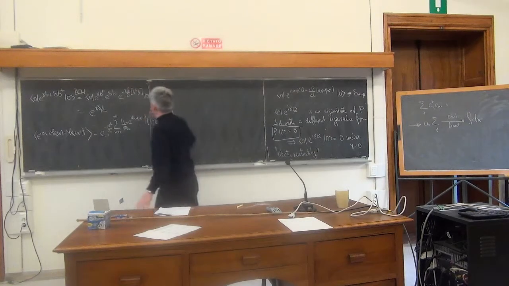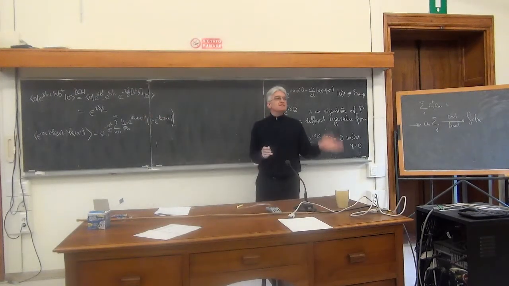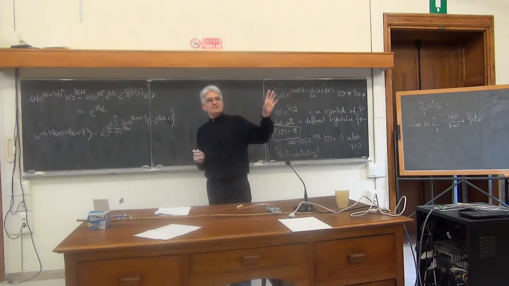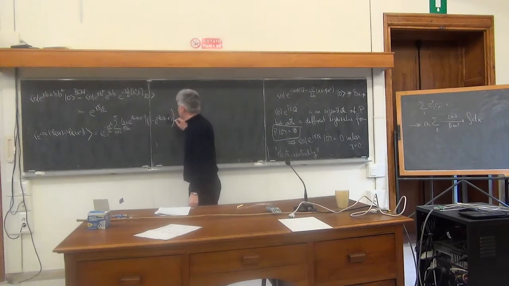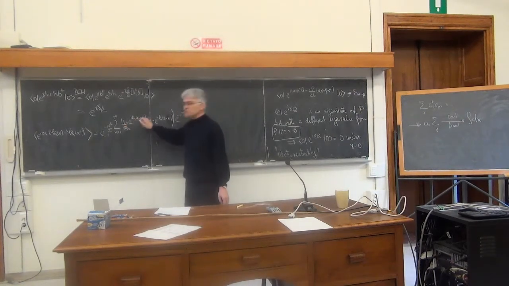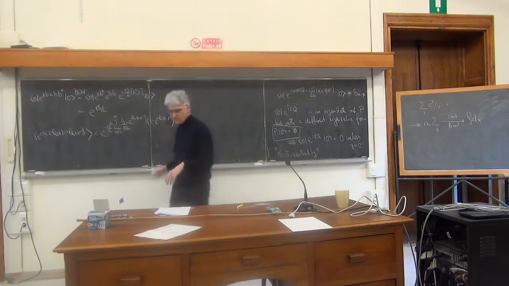Just using this repeatedly, you get the sum, and this sum now you can treat exactly like we did when we calculated the commutator of phi right of x with phi right of x prime. Because once again, I cut off this sum, I put here e to the minus 2 pi epsilon n, and then I can rewrite this always as a series representation of this log, minus log 1 minus something.